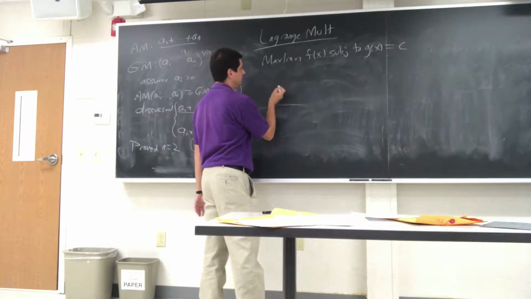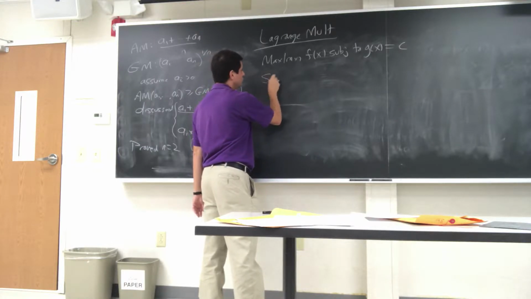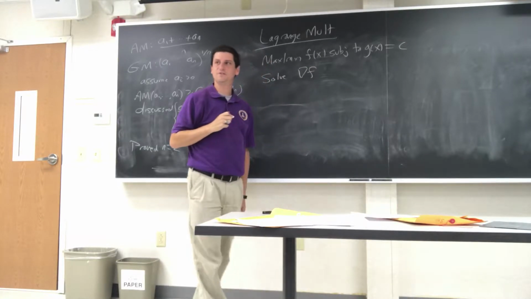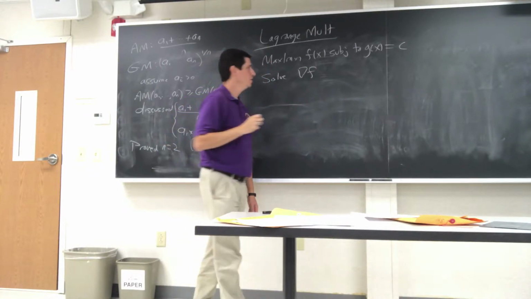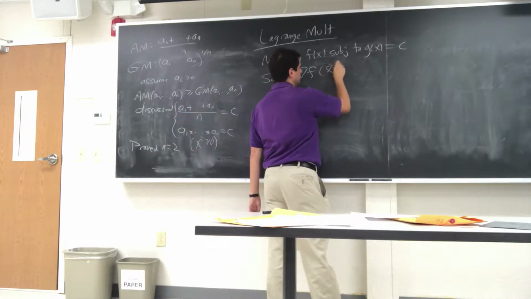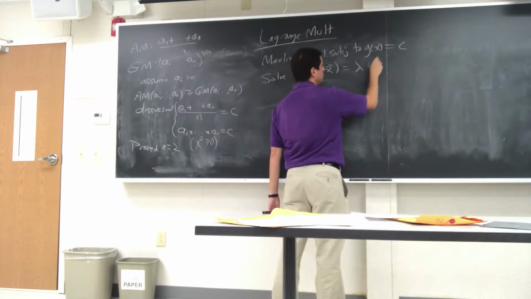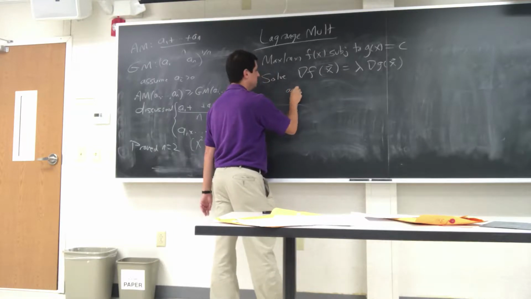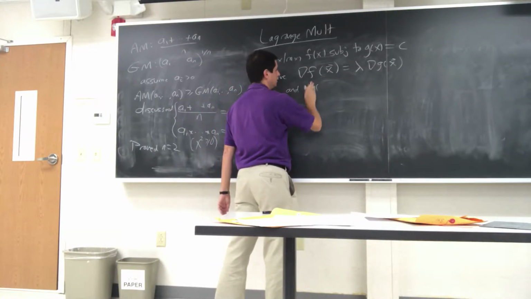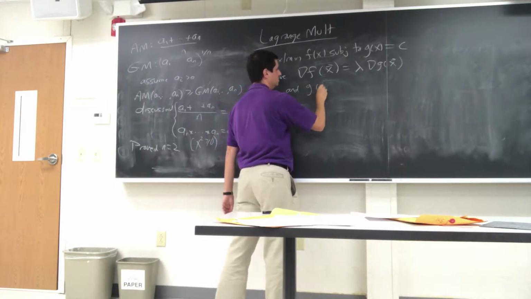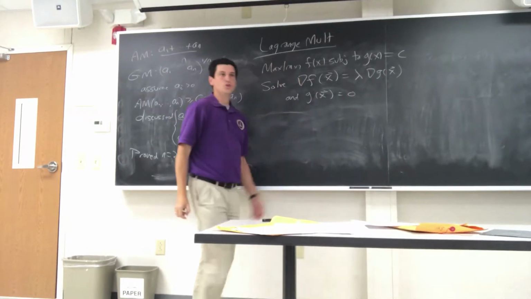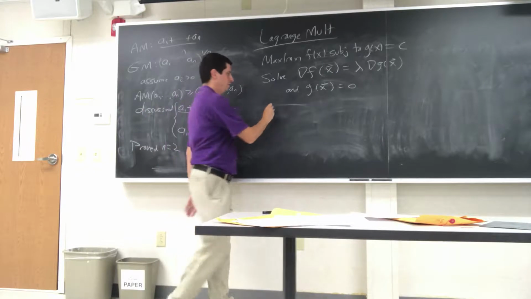So here's the idea. You solve for the gradient of f. Does everybody remember the gradient of f? It's the vector of partial derivatives. At some point x equals some multiple of the gradient of g, and g of x equals 0. So we have n plus 1 variables.